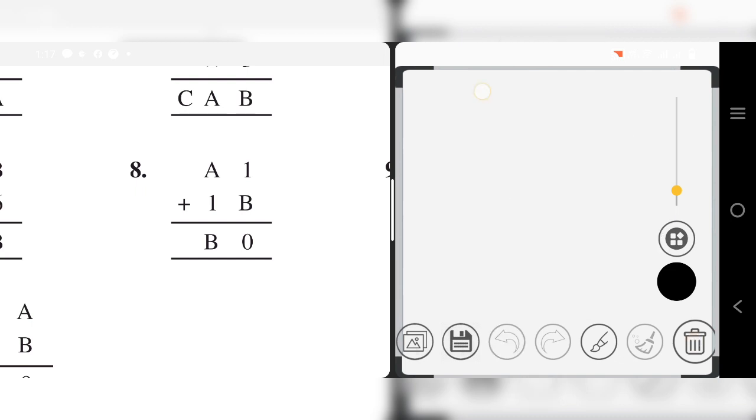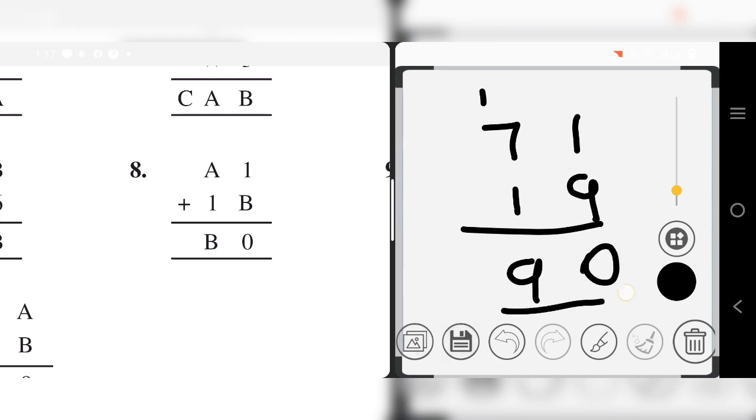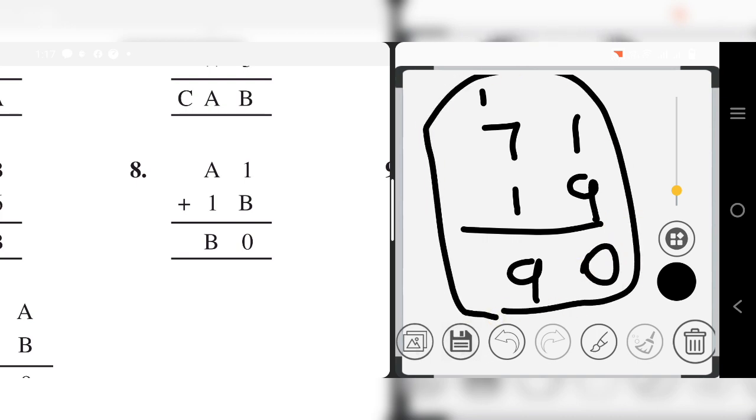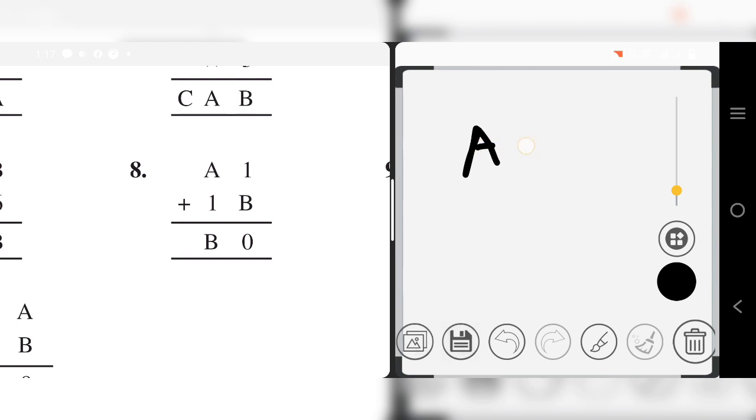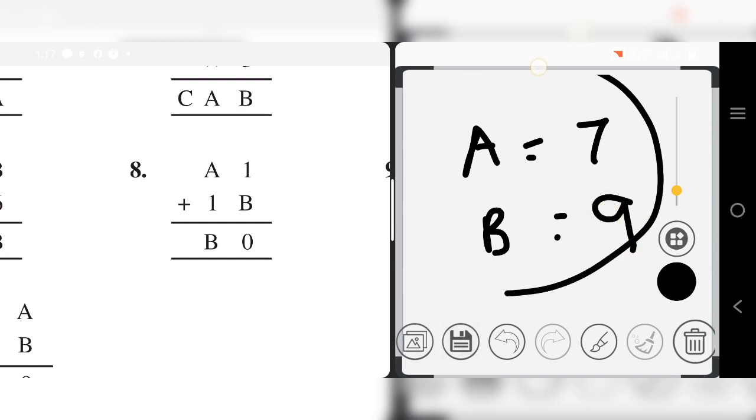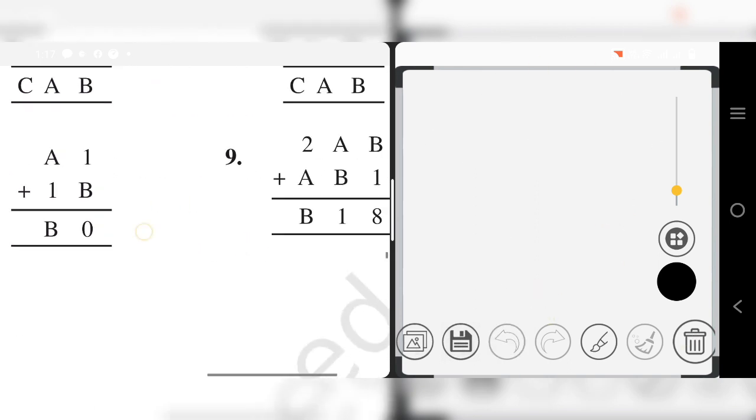Okay, let me write it neatly. 79 plus 19 is equal to 90. Okay, it was so easy. So the value of A is 7 and the value of B is 9. So we have found this answer.